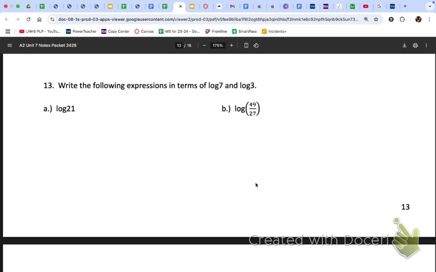So 21: how can you write 21 in terms of 7 and 3? You can multiply, so you can rewrite this as 7 times 3. How do you expand it when it's multiplication? Add them. So log 7 plus log 3 is the same thing as log 21. Kind of neat.